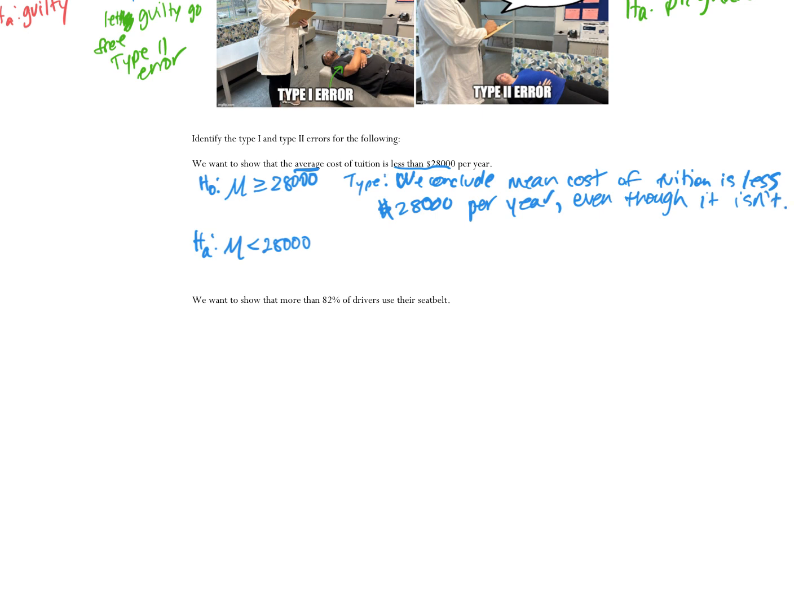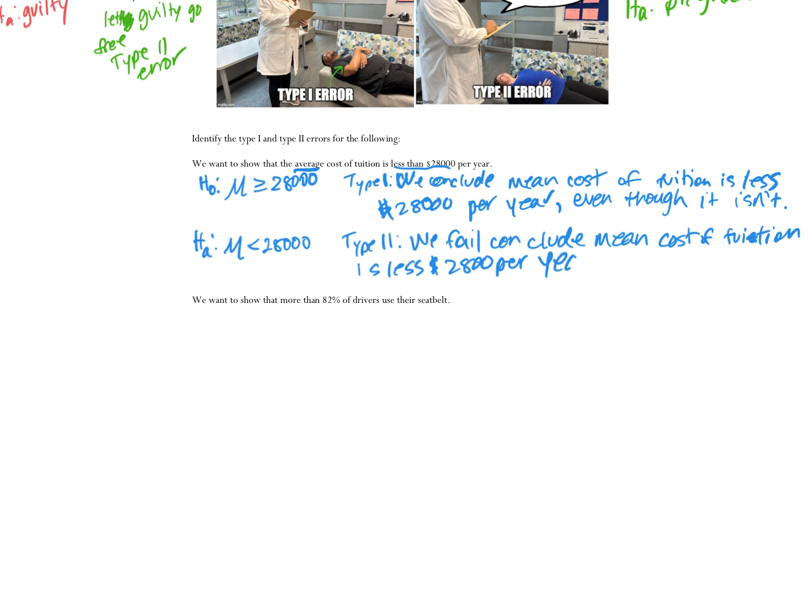So yes, that would be type 1. In type 2, we fail to conclude the mean cost of tuition is less than $28,000 per year, even though it is.